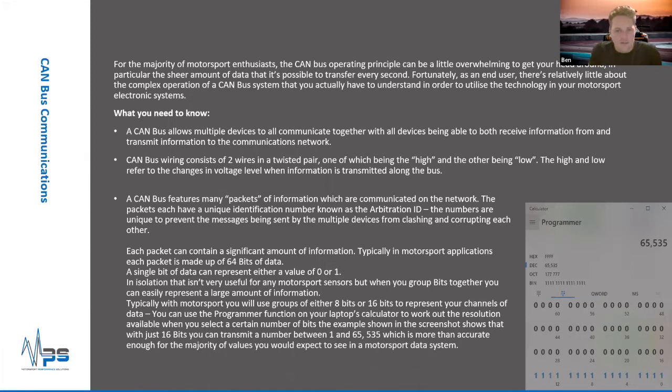Fundamentally, the way a CAN bus works is it sends around what we call packets of data. They all have different identification numbers, so you don't clash and you don't get a contamination, if you will, on the CAN bus. And there's a huge number of identification numbers you could choose.